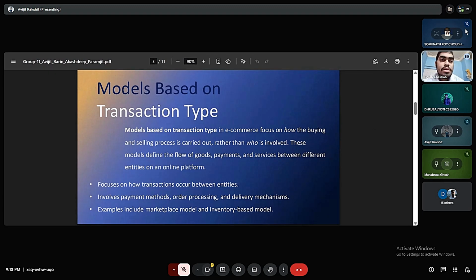These models define the flow of goods, payments, and services between different entities on the online platform. They focus on how transactions occur between entities, involving payment methods, order processing, and delivery mechanisms. Examples include the marketplace model and inventory-based models.